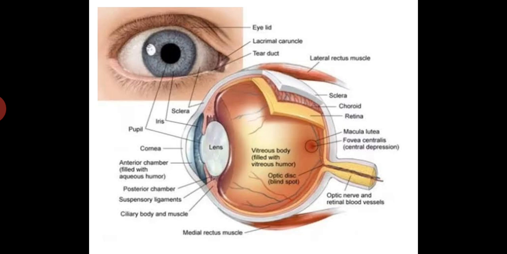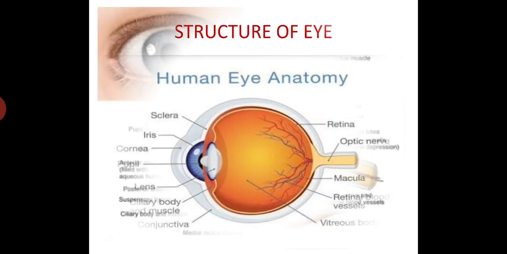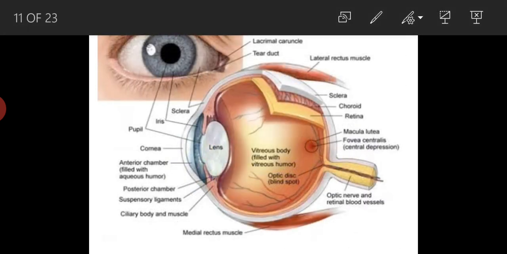So in this you can see clearly the outer protective membrane, this white colored part, is nothing but the cornea. And next to the cornea we have the aqueous humor. Aqueous humor is completely filled with liquid, and this liquid helps us in cleaning the eye and the lens.